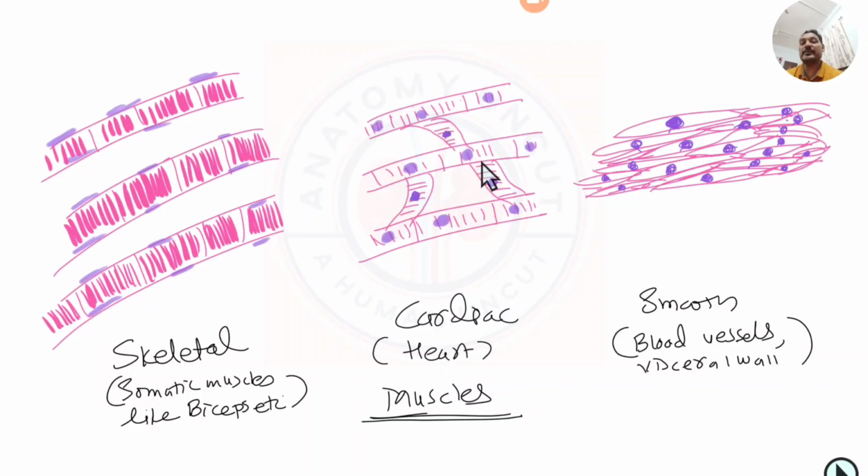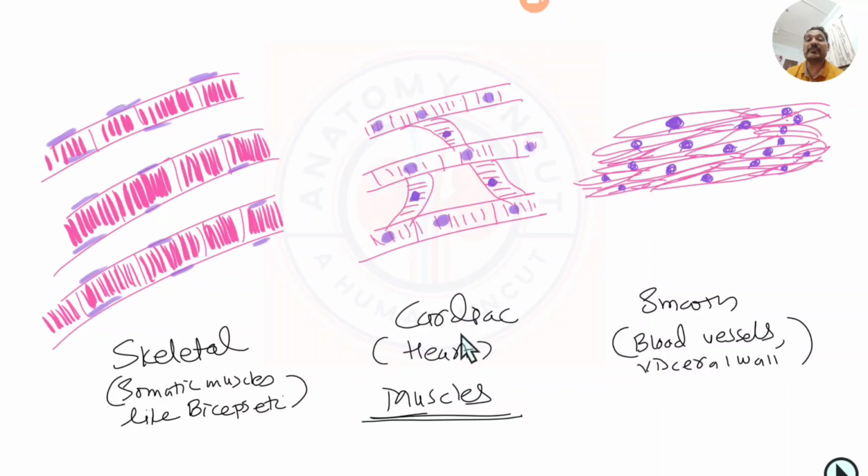Here the bundles are purposefully shown as branched, and this kind of muscle is known as cardiac muscle, exclusively seen in the heart. Some books may mention it near the heart, at the base of the heart, but cardiac means heart. They develop when you are an embryo and they function till you are alive.